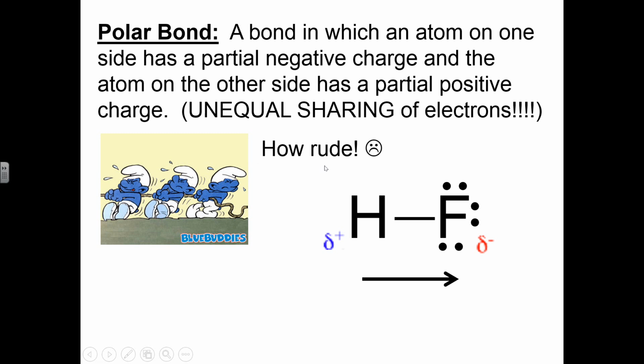You can see this weird little S kind of a symbol. It means partial. It's not taking hydrogen's electron completely away, but it is taking part of its electron cloud, so it gets a partial negative charge. And then the opposite happens with the hydrogen. Since its positive proton core is being more exposed, now that the electron cloud is being taken away, it's left as a partial positive charge.